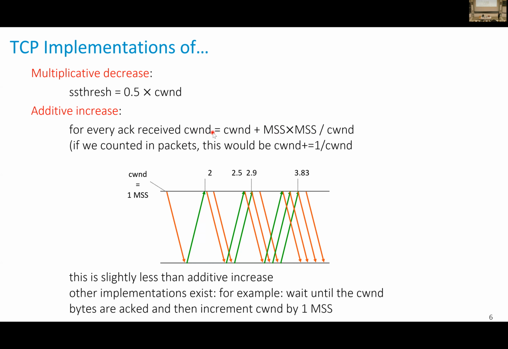Whenever we receive a positive ACK, we increment by 1 over the congestion window measured in packets. So if your window is 10, whenever you receive a new packet, you increment by 1 over 10, which is a computer science view that if I do it 10 times, I increment by 1, right? Which is not exactly true, but more or less true, which is illustrated here.